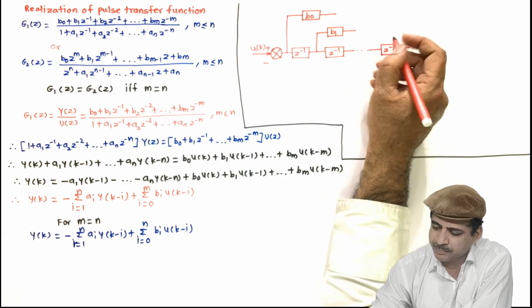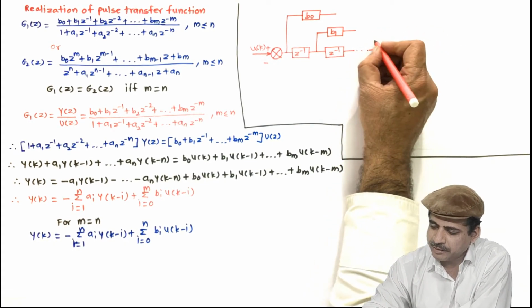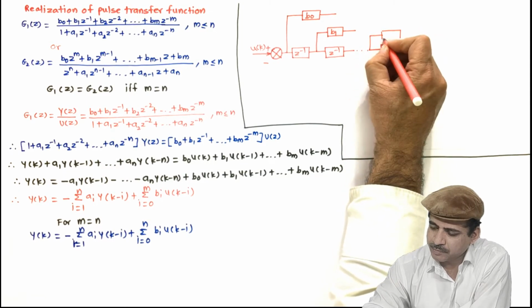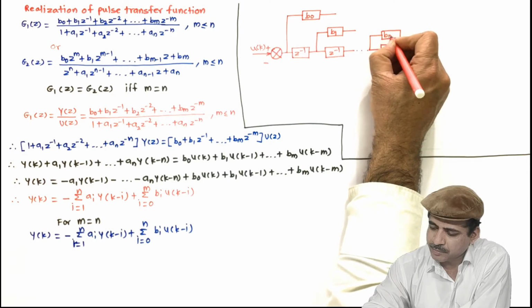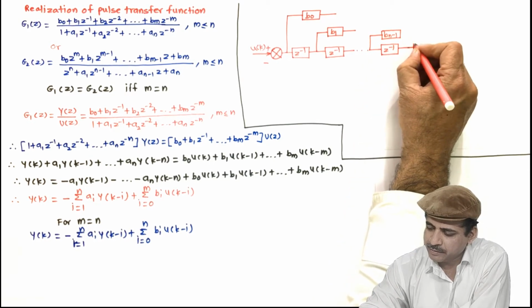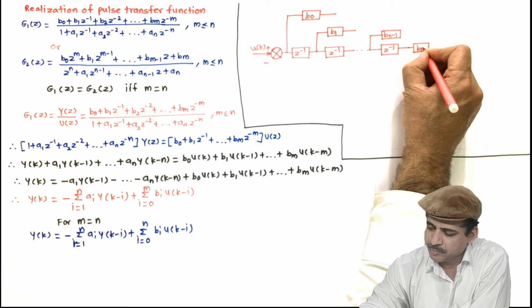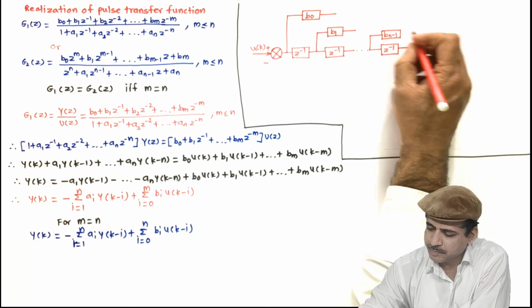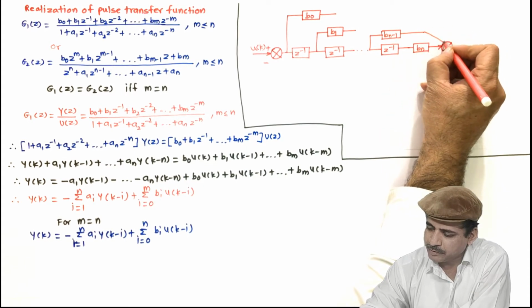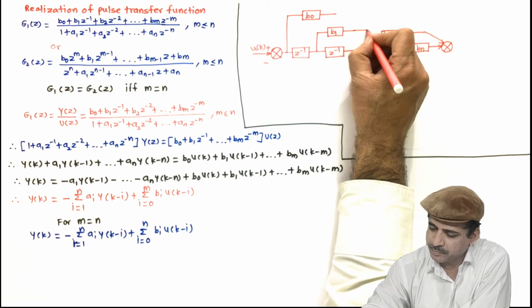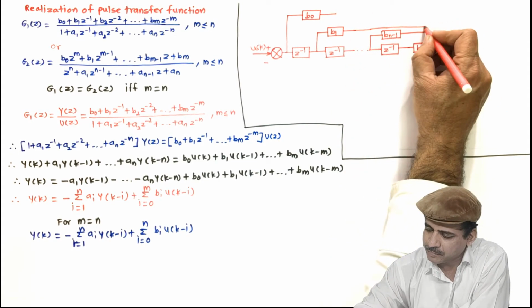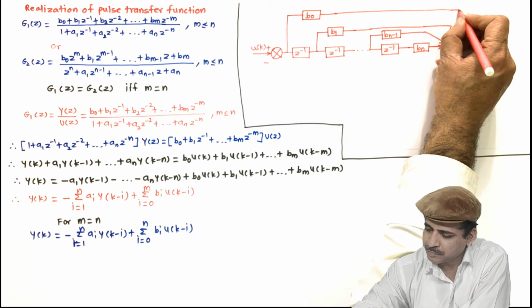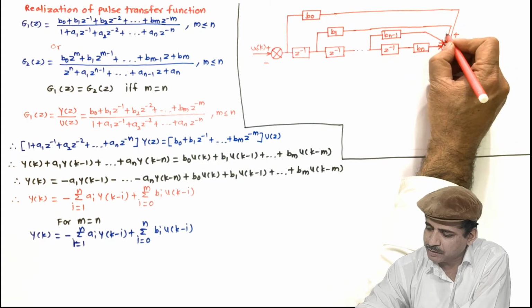From this the term b2 will come, let us not represent it, and from this the term b n minus 1 will come, and here the term will be bn. And all these terms will be added.